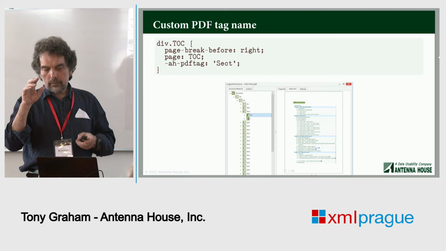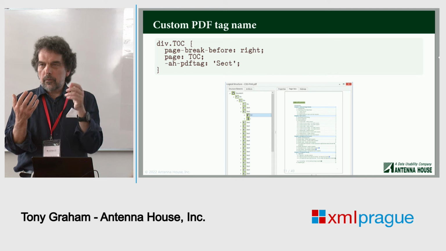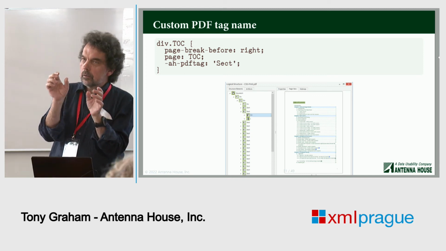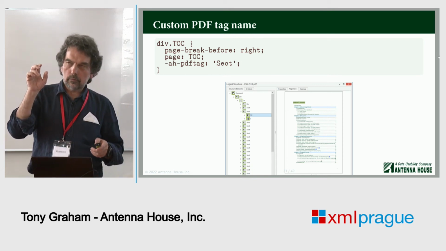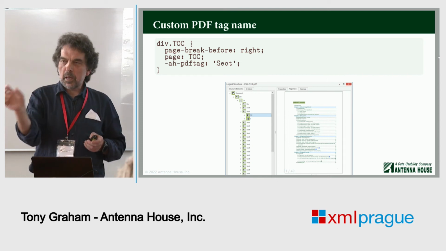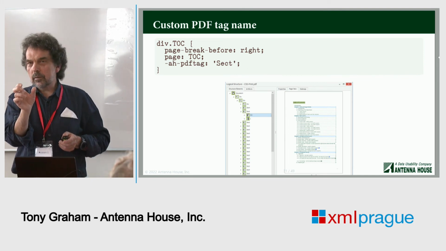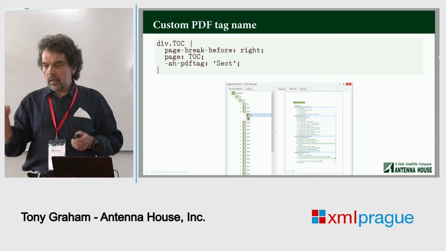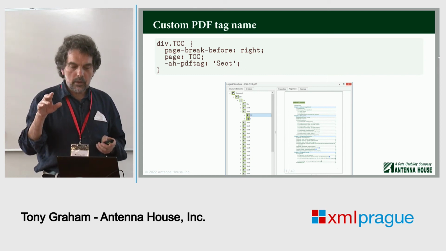So there's, at least in AH Formatter, the different FO, or the different HTML elements in this case, have predefined PDF tags that they are mapped to. There's a lot of similarity between the names of the PDF tags and the names of the elements, and it's confusing to talk about it too, because I can talk about elements and tags and structural elements and tag names as well.